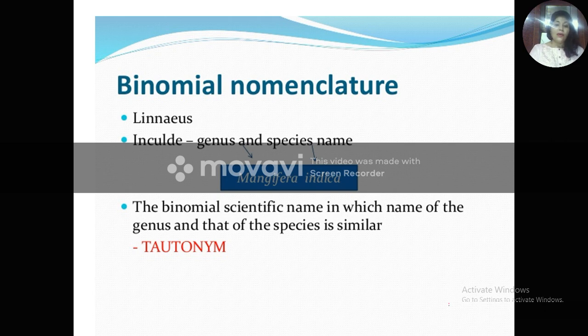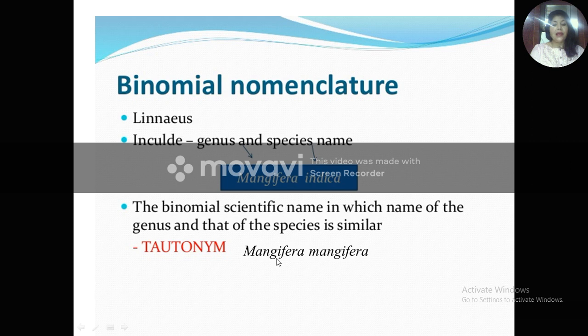What is more interesting, here we have Mangifera indica, which is mango, as you all know, it cannot be spelled as Mangifera mangifera. That means the specific epithet cannot repeat the generic epithet. In plant taxonomy, this is called tautonym and it is not allowed.